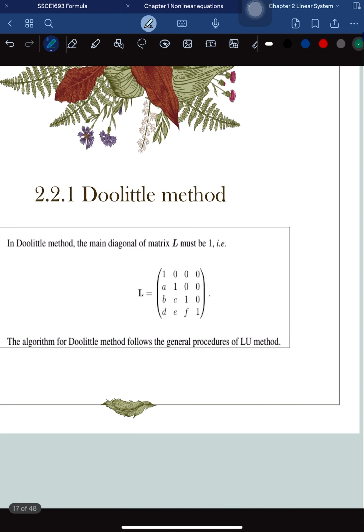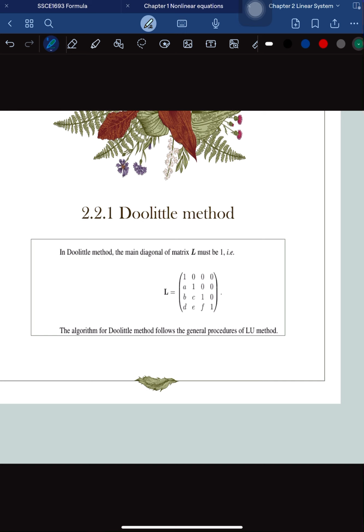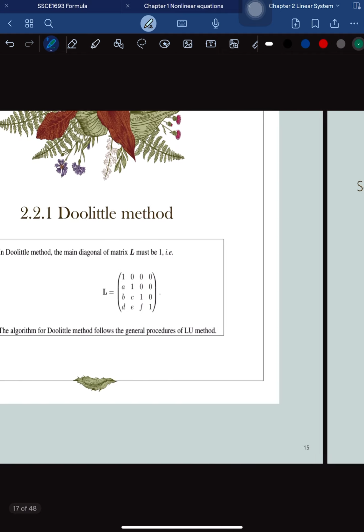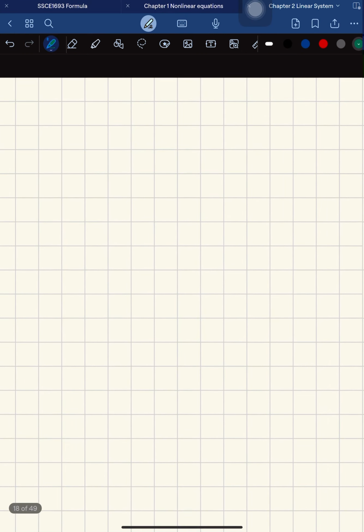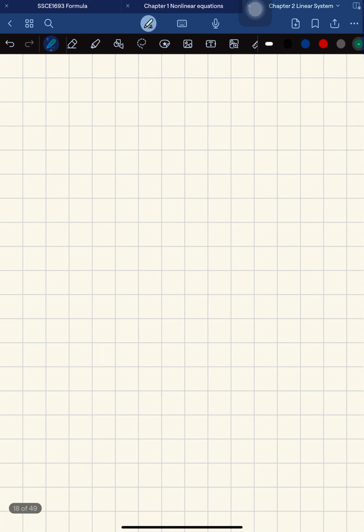Okay, so for the first method, the Doolittle method, we have to separate A equal to LU. So A is the matrix of A, and L has the diagonal equal to 1 for the Doolittle method.